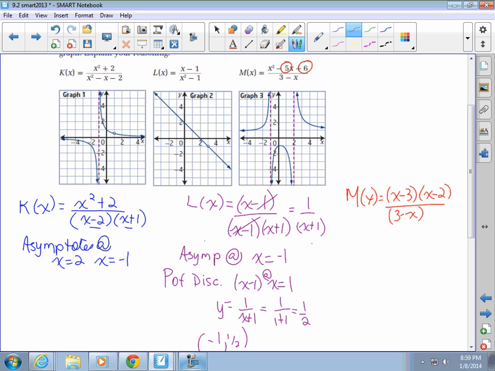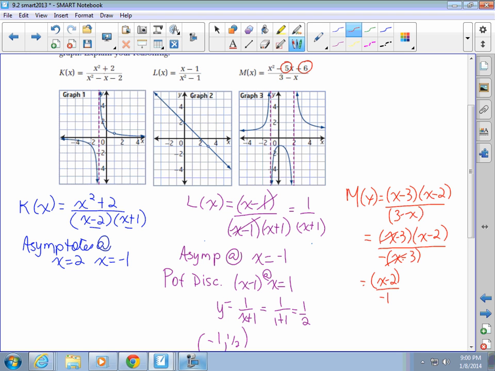So I could just rewrite this as x minus 3 times x minus 2 over negative (x minus 3). So if I factor out a negative from my denominator, positive 3 becomes negative 3, negative x becomes positive x. So now I can cancel. I'm left with x minus 2 over negative 1, if you want to leave it there without doing any further simplifying.